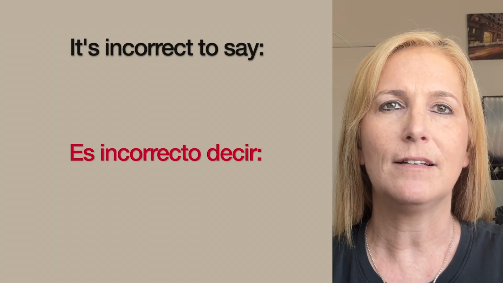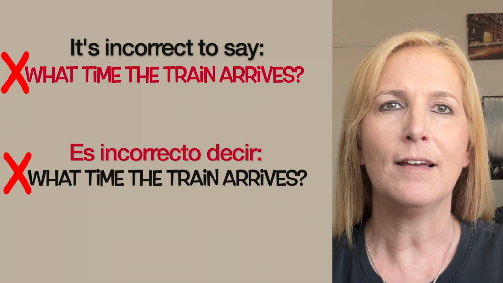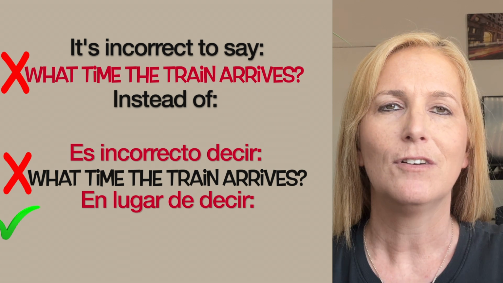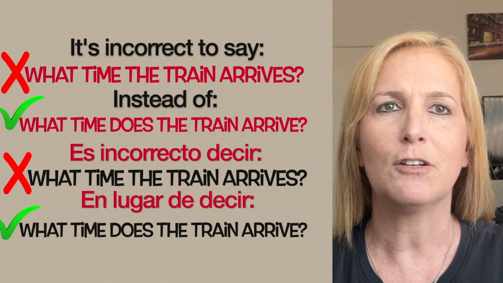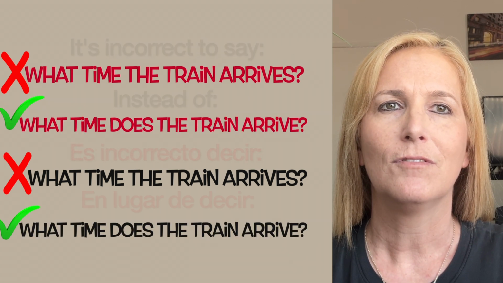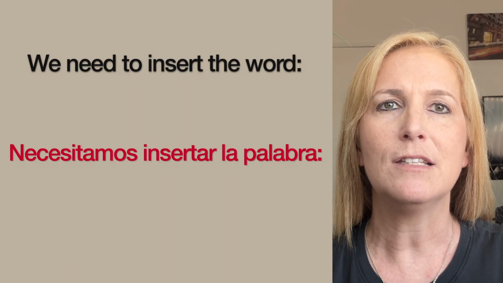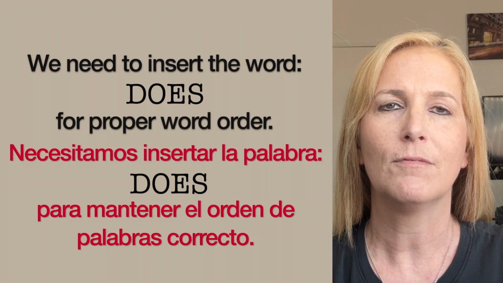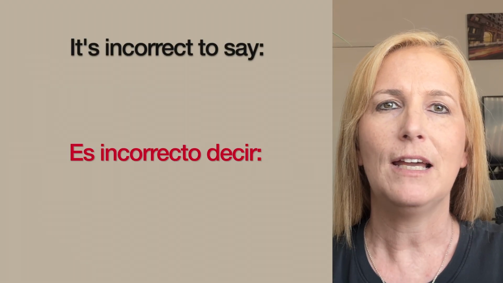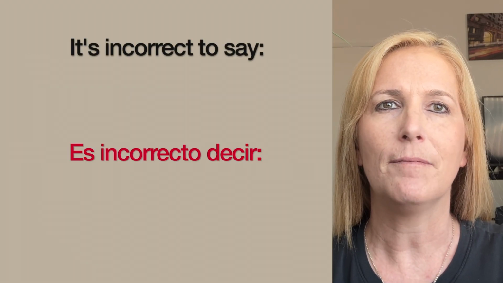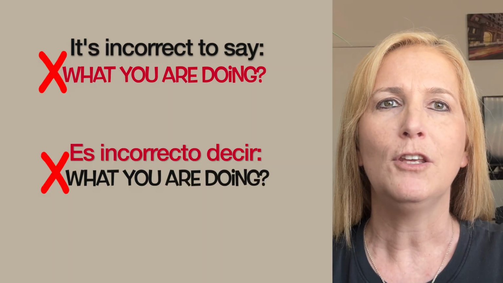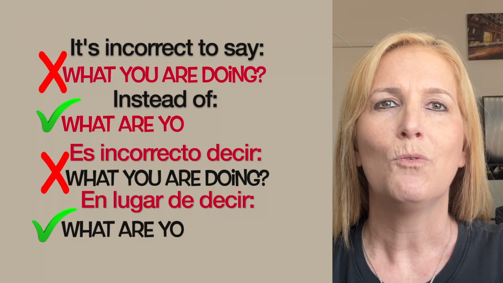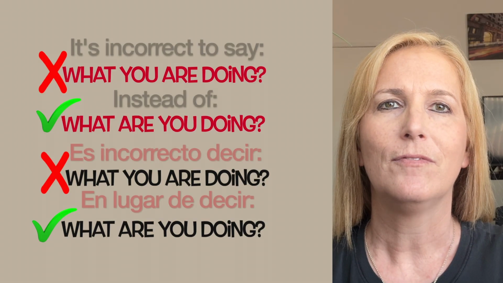It's incorrect to say, "what time the train arrives?" instead of, "what time does the train arrive?" We need to insert the word does for proper word order. It's incorrect to say, "what you are doing," instead of, "what are you doing?"